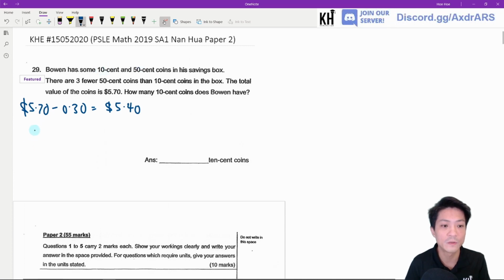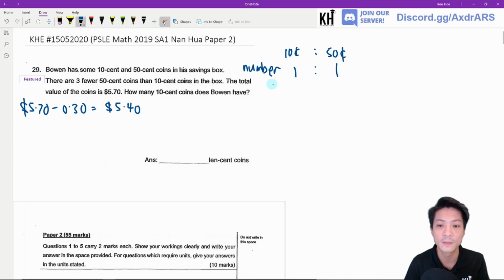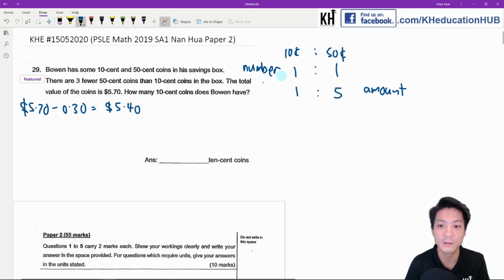Okay, but the ratio of the amount of money will be 1:5. I'm going to write over here 10-cent to 50-cent coins. If the number of coins is 1:1, then the ratio of the amount of money will be 1:5, according to the value.